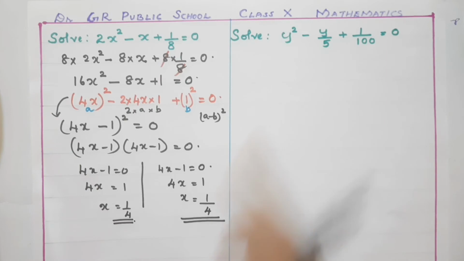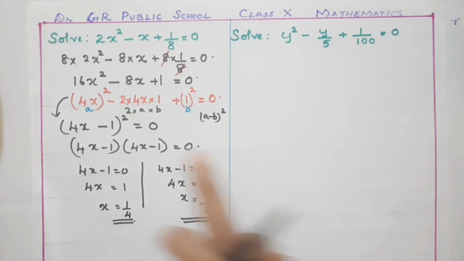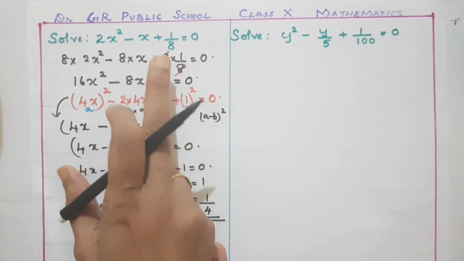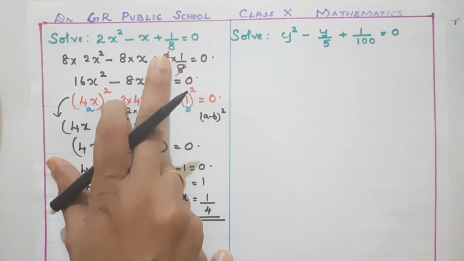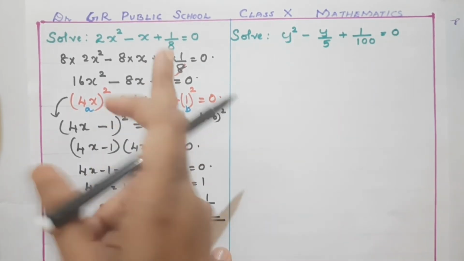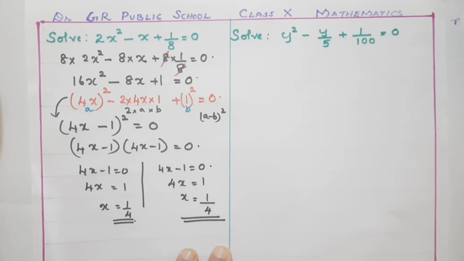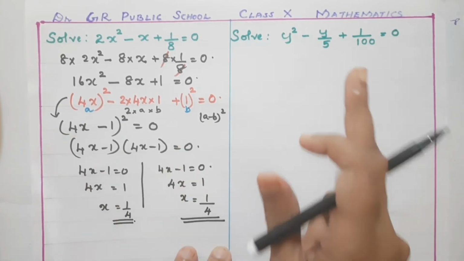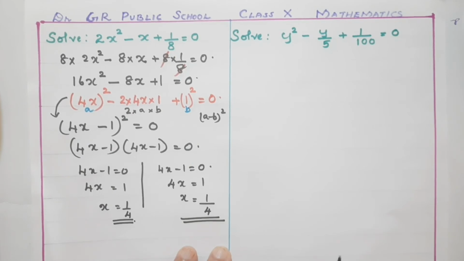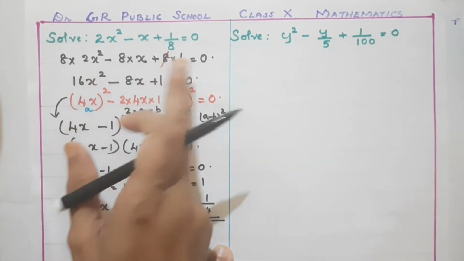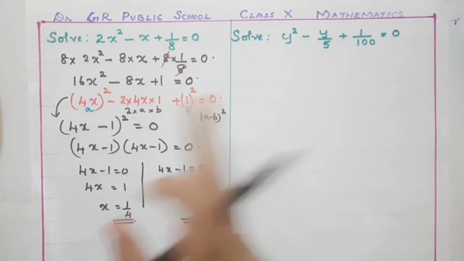Okay. Next one also, the same procedure you can apply, but here I said you have rational form. So it will be easy for you to change the rational form and then do it. So don't think for this question like that, because if you apply this method here, it will be difficult for you.